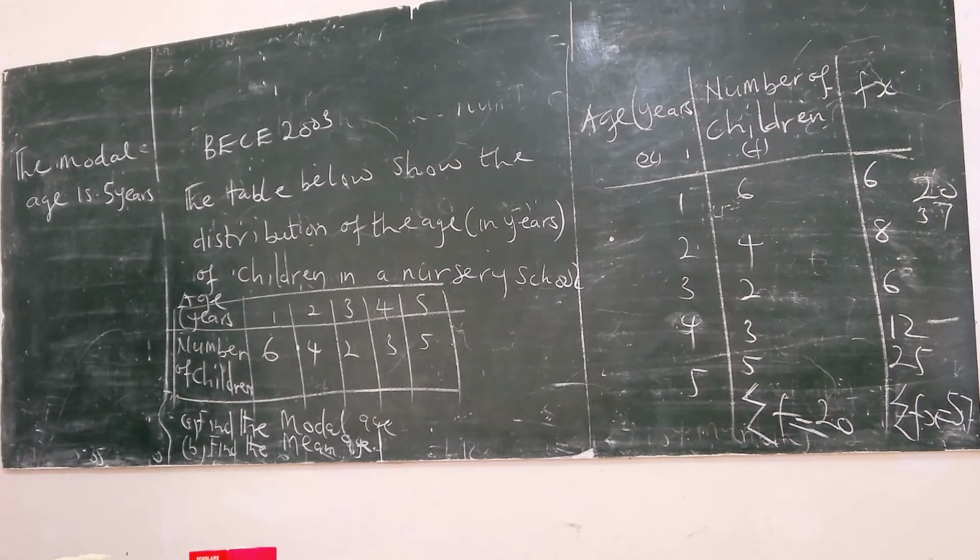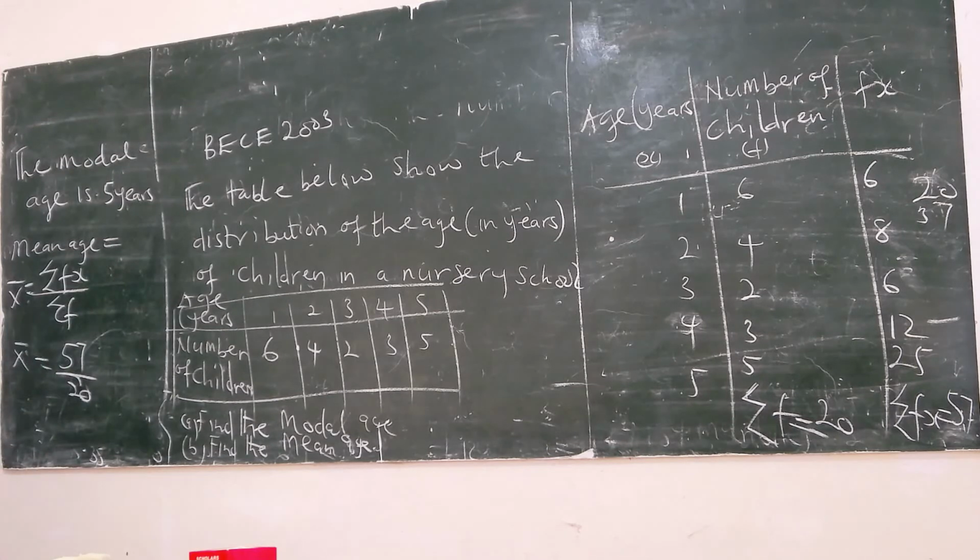After that, we find the mean age. Mean age is equal to sigma fs divided by sigma f, the summation of fs divided by the total frequency. That's 57 over 20.